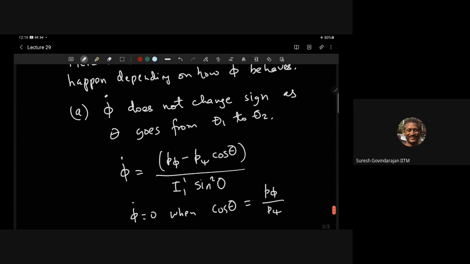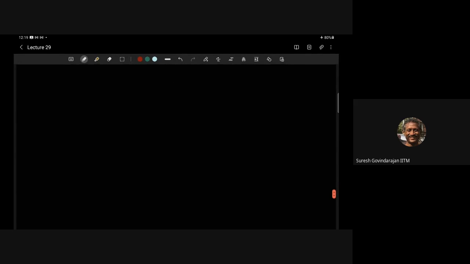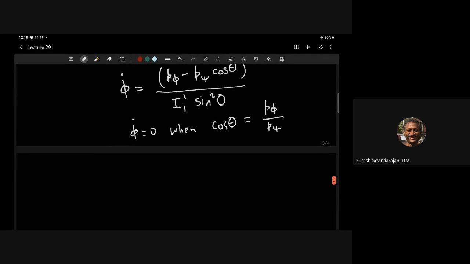Okay, and so now you can see that this will require this, and let's call this value theta tilde, and theta tilde lies in the range theta 2 to theta 1.